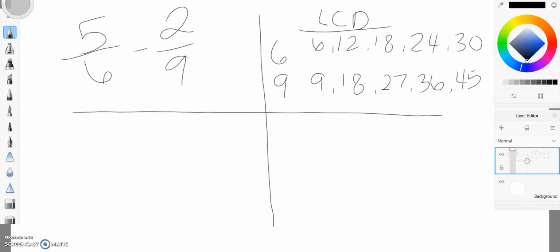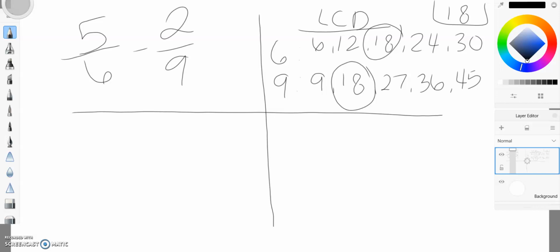Let's see, do you see the least common denominator? What number do both multiples have in common? We have 18. 18 is the smallest number that's in common between the 6's and the 9's. So I'm going to put 18 up here. Hopefully you got the same thing.